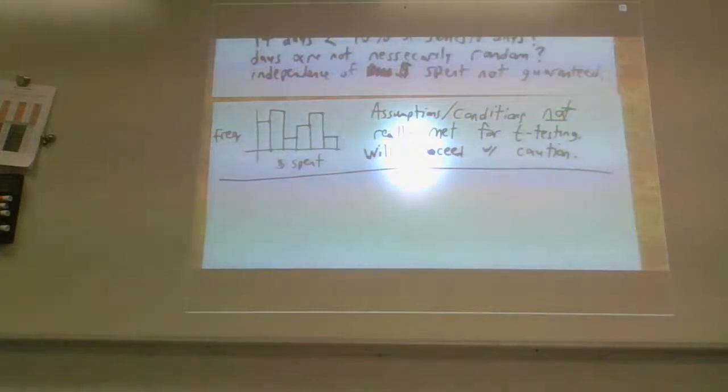I've seen what you guys have done on your assumptions and conditions, and a lot of you have just kind of blindly accepted them. For the most part, a lot of these problems have been fine with it. But this one has a lot of problems. It's not reasonable that it's less than 10% of the semester days. The days aren't really random. He just picked 14 consecutive days.